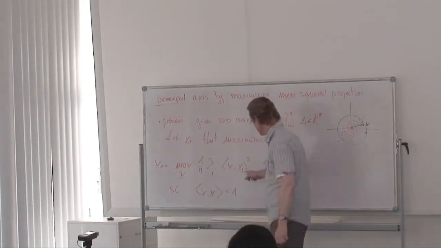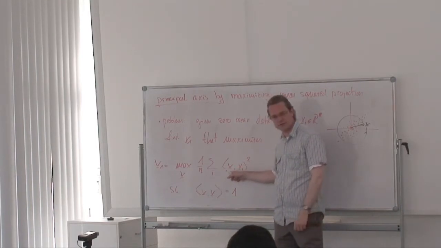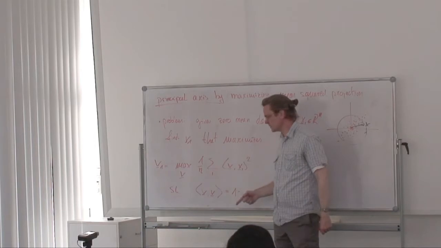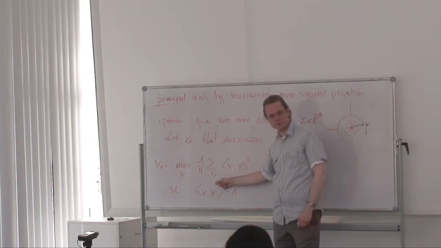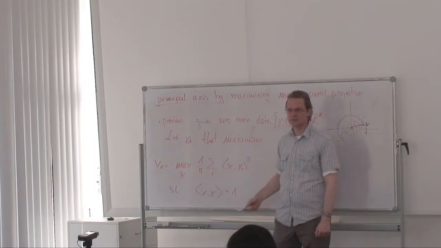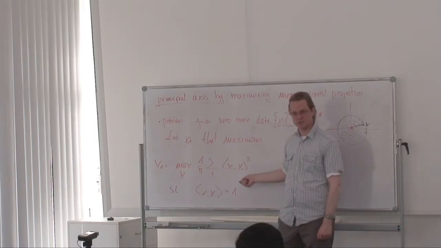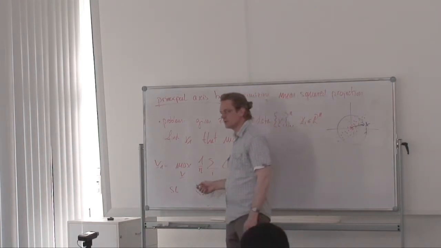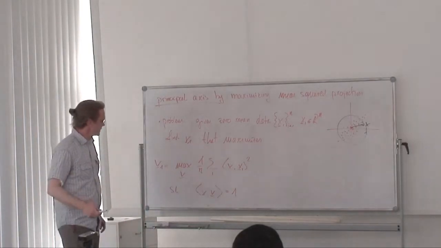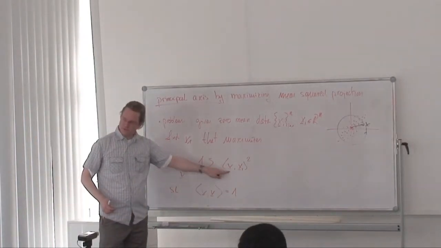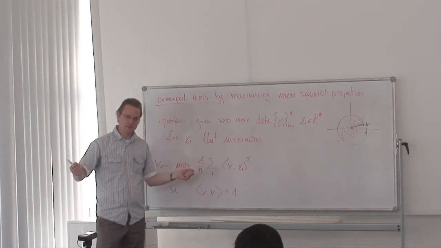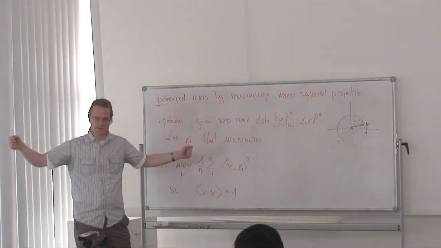And this here is the inner product between vector v and vector x_i. And we can understand it as the projection of x_i along the direction of v. And we square that, we sum that over all the i's and multiply by 1 over n. This is the variance of the projection. Right? This is something we have discussed earlier. And apparently we are looking for a vector v such that if we project all the data along this direction of v, the variance of the projected data is as large as possible.